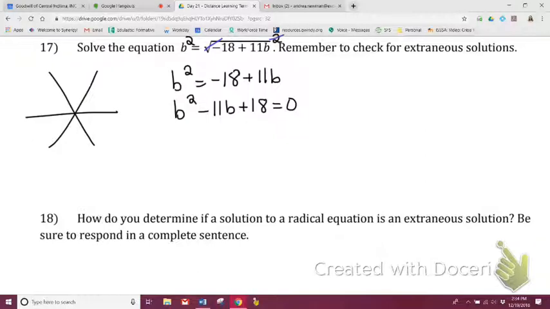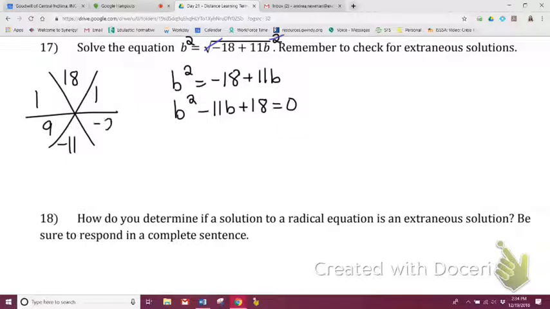We added the 18, we subtracted the 11. So now I'm looking for two numbers that multiply to give me 18 and add to give me negative 11.